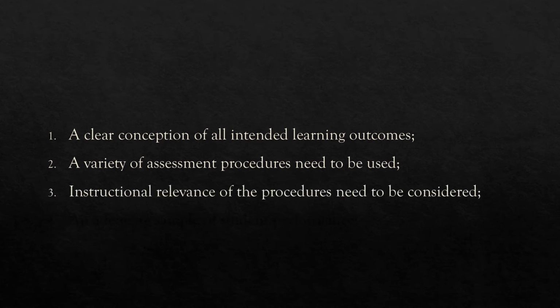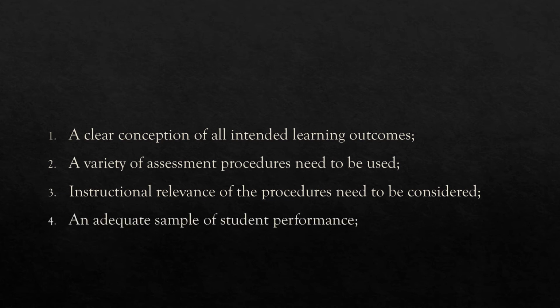Third, instruction relevance. A relevant instructional procedure needs to also be considered. What is meant by relevant here is, learning outcomes, assessment for the assignment, and assignment procedure should be relevant to one another. Fourth, an adequate sample of student performance.